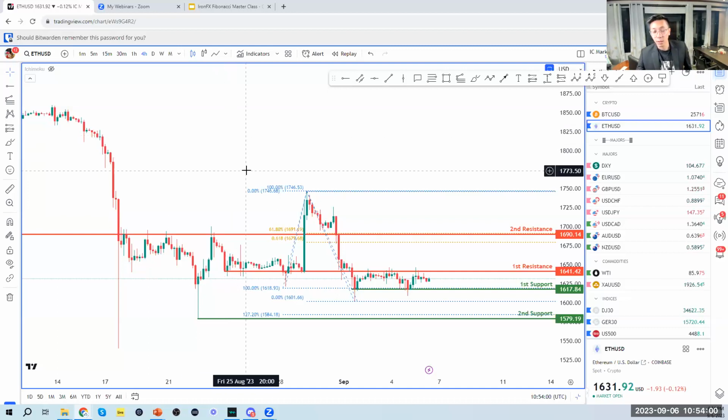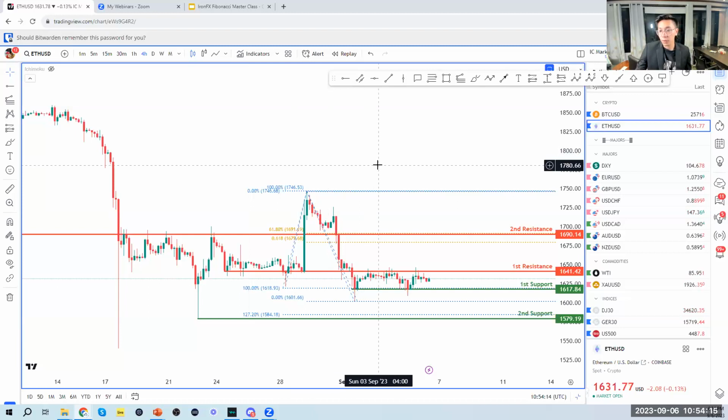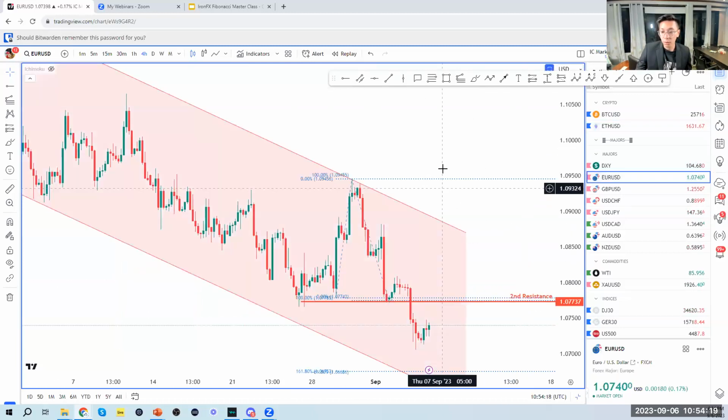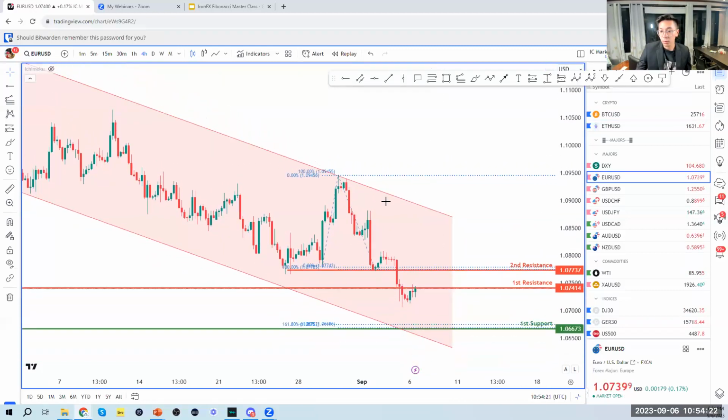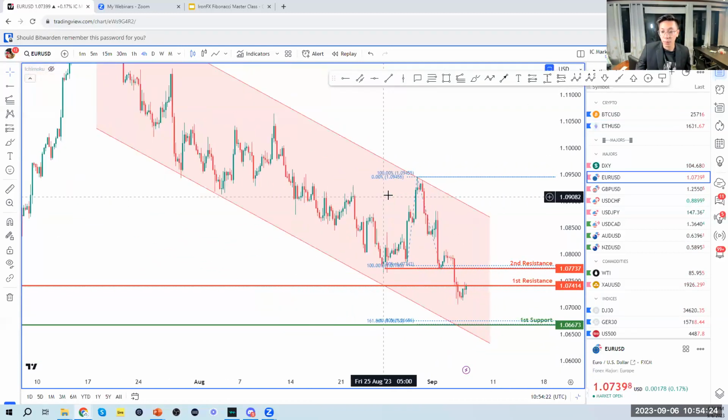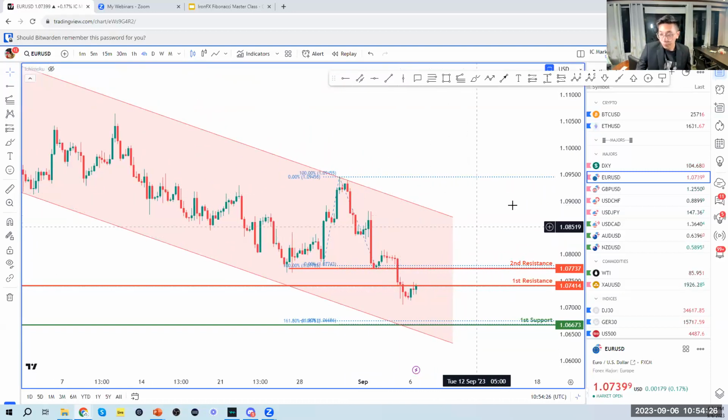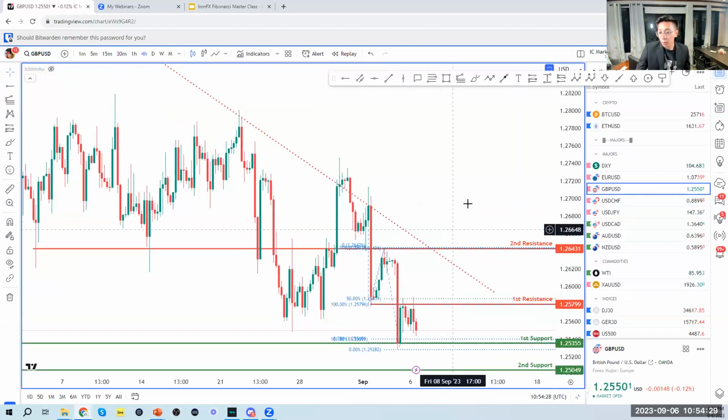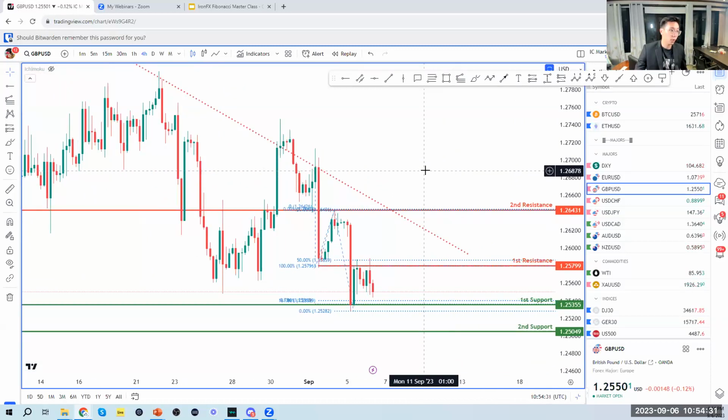Your 61.8% fib retracement level is your golden ratio, so price tends to react a lot more there compared to other levels. Your 23.6% level is pretty weak, so I don't really rely on it. More often, price reacts to the 61.8 and 78.6.